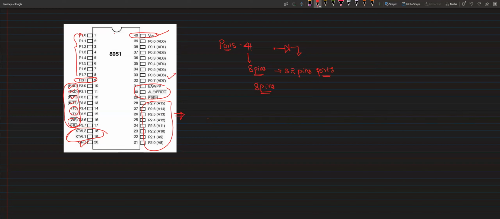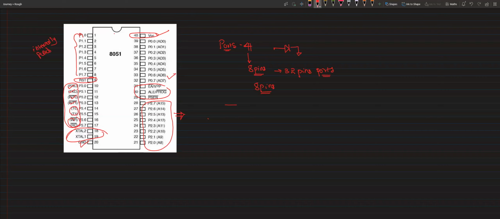Pins number 1 to 8 are port 1. It doesn't have any other functions, but it is internally pulled up. In the sense that by default, these pins will be high.